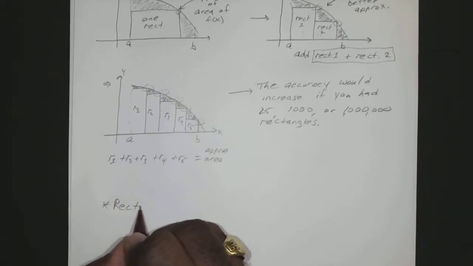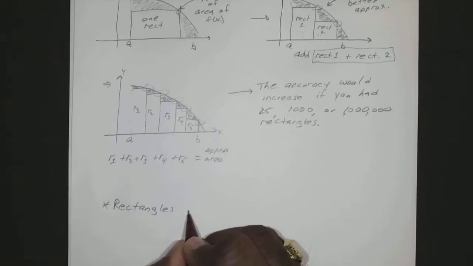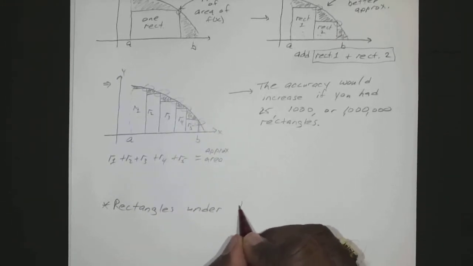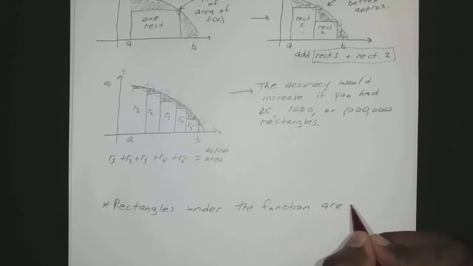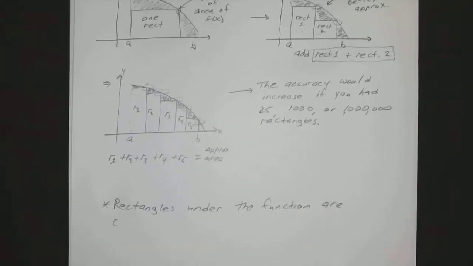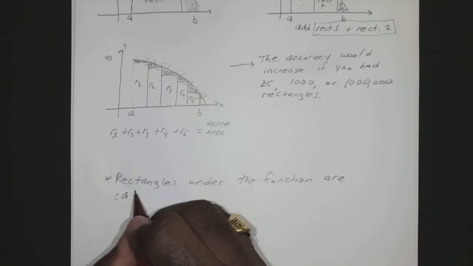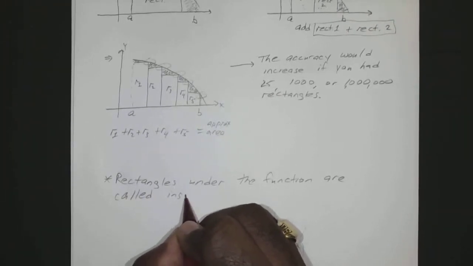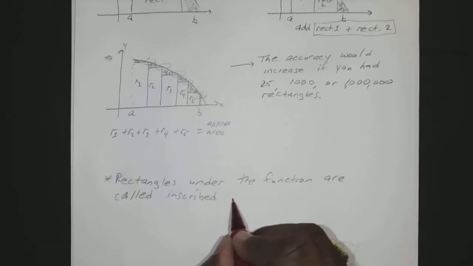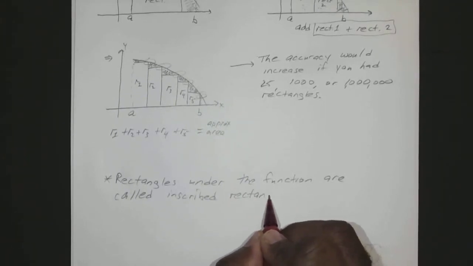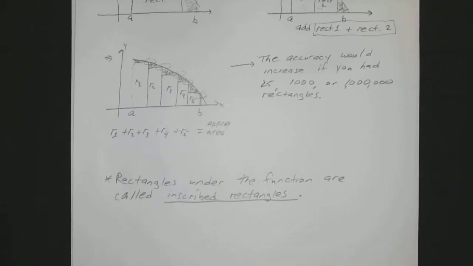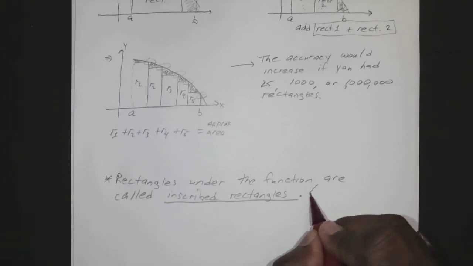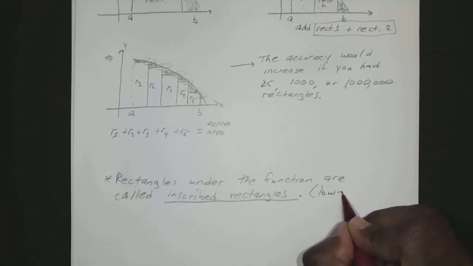So rectangles under the function are called inscribed rectangles. Okay. Or known as your lower sum.